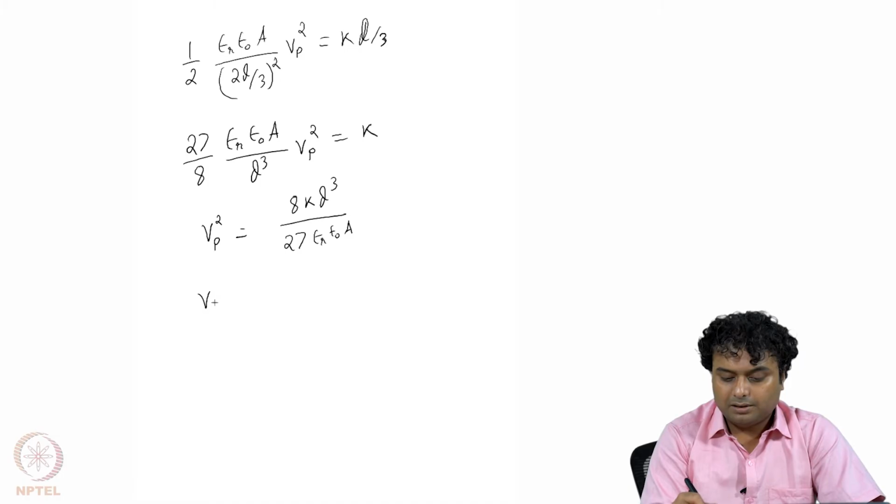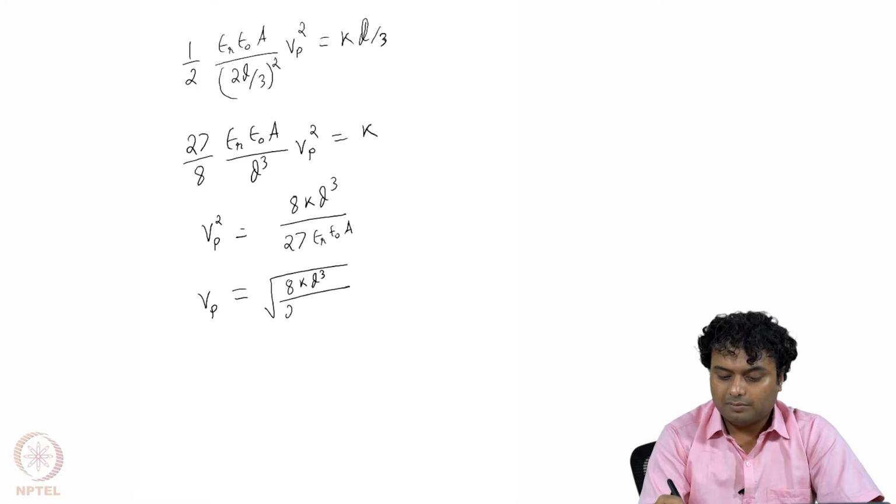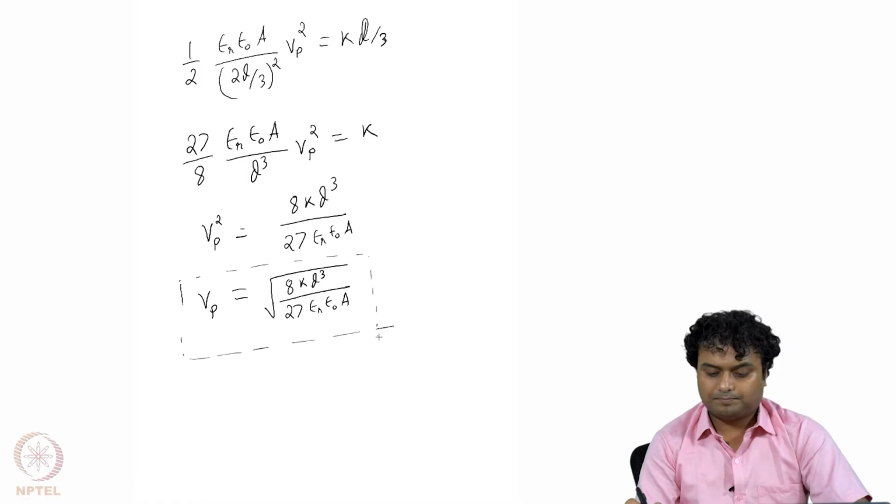So Vp is equal to the square root of 8K d cube divided by 27 epsilon naught A. Fine. So this is my pull-in voltage in terms of the beam geometry.